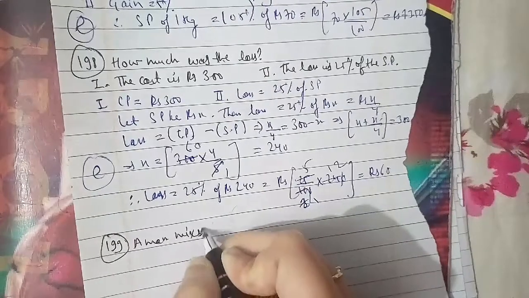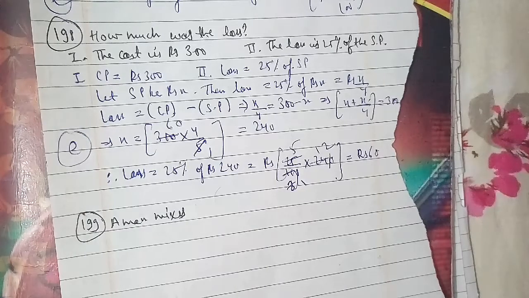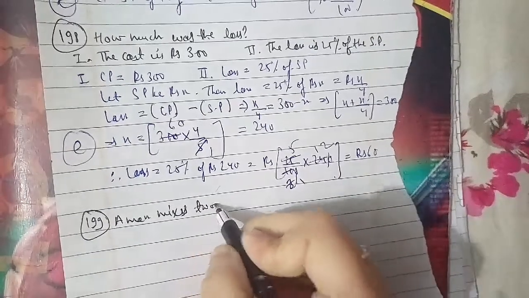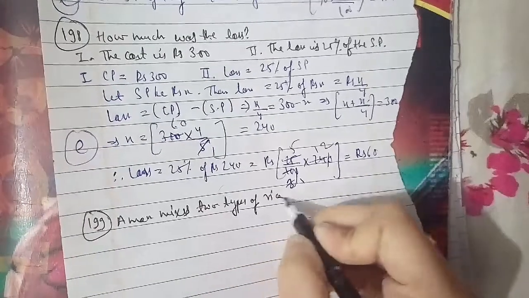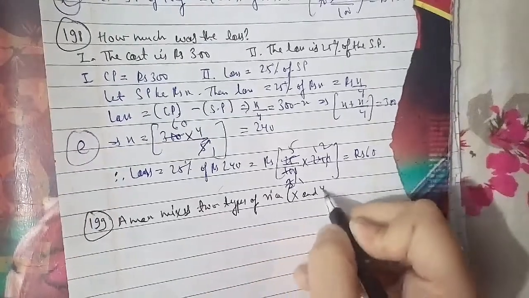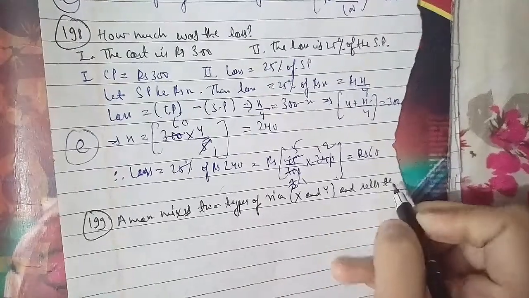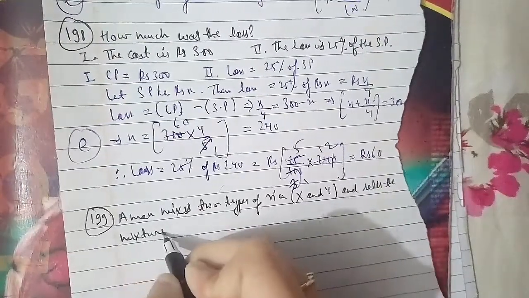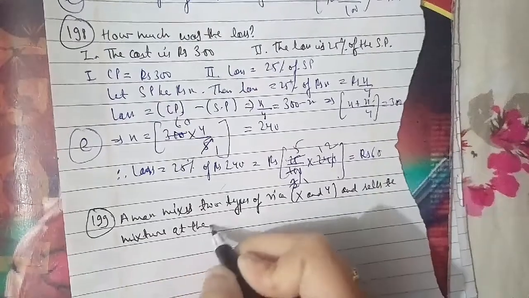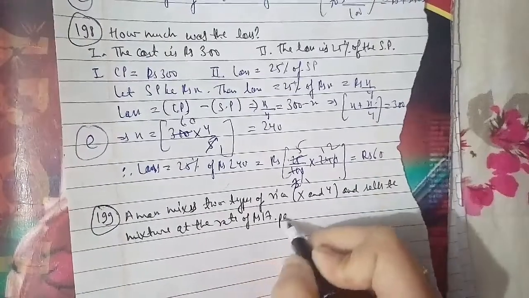A man mixes two types of rice, X and Y, and sells the mixture at the rate of rupees 17 per kg.